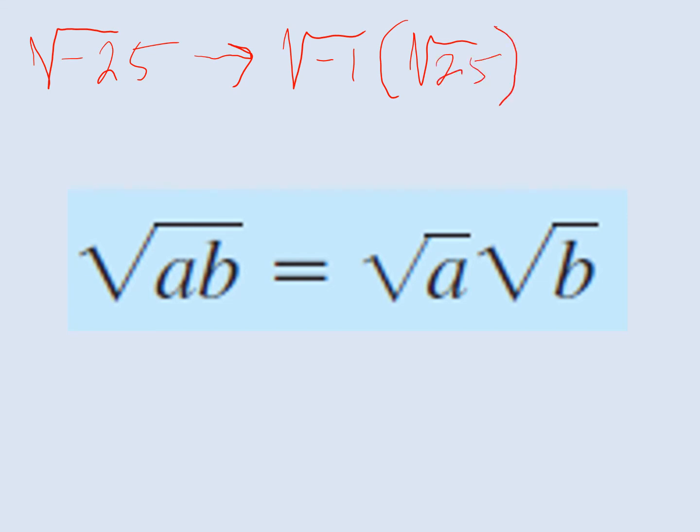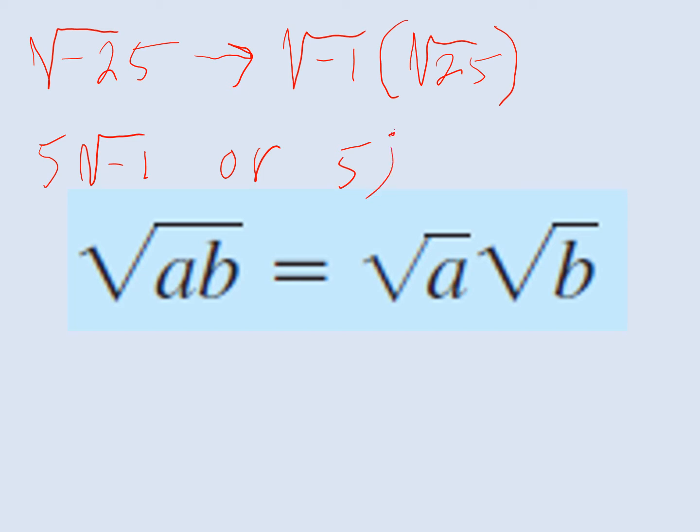So from there we know the square root of 25, and if you don't know this, you can plug it into your calculator, find out if it squares out perfectly, which it does, which is why I chose this as an easy example. So the square root of 25 is 5. So the square root of negative 25 will simplify to 5 times the square root of negative 1, or preferably 5j.